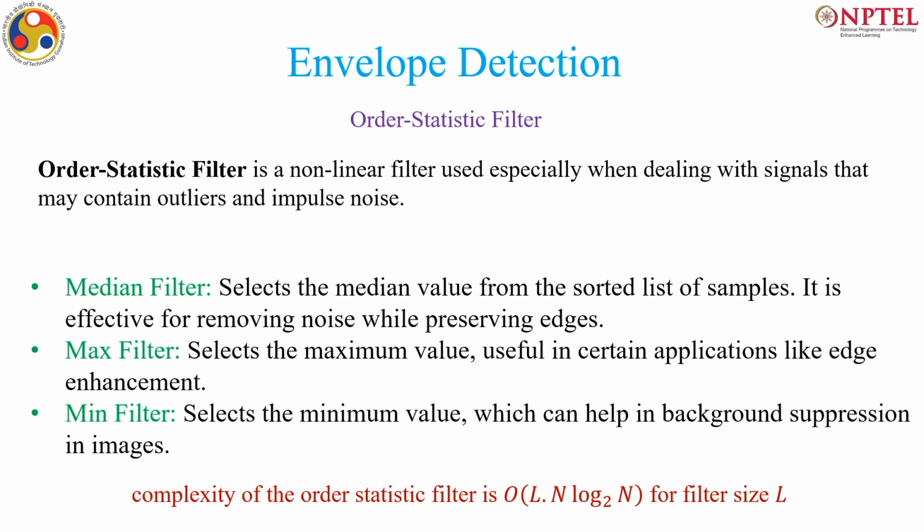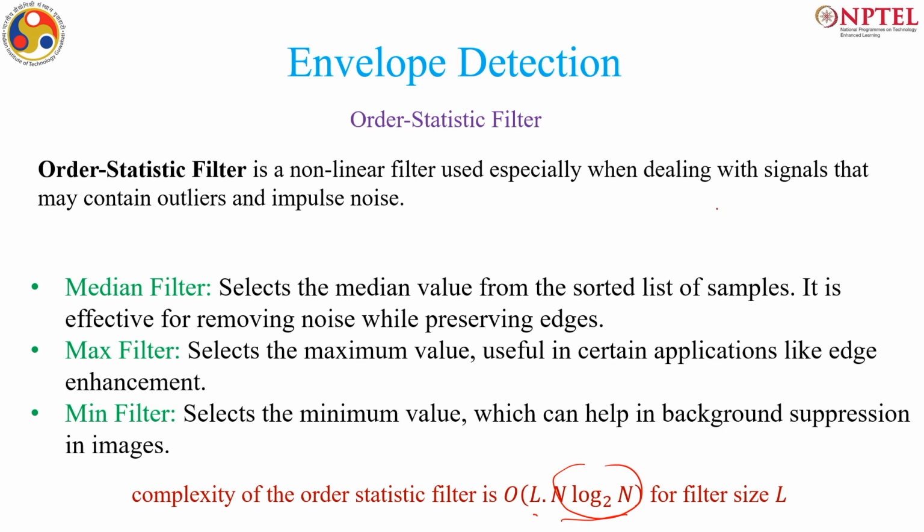Now, coming to a nonlinear filter, which is the order statistic filter. It is very useful when we are dealing with outliers or impulse noise, and the three main filters in this context are the median filter, max filter and the min filter. The complexity will be O of L log L per window, and n L log L overall, because a sorting operation is required.